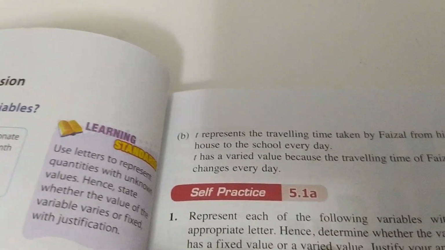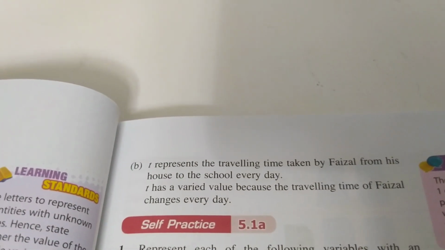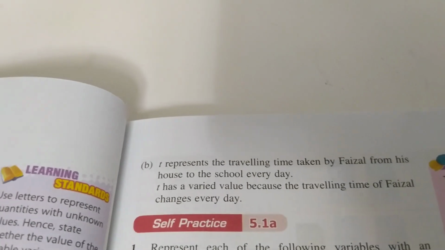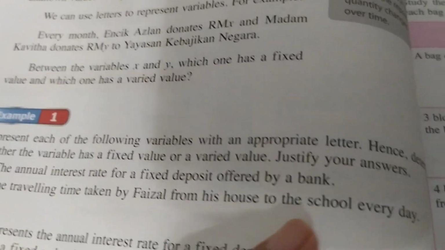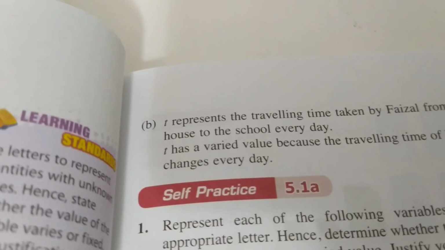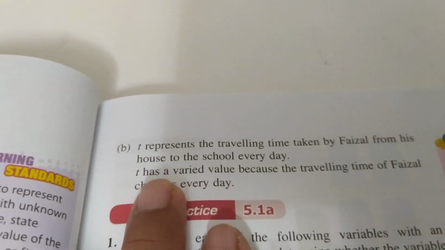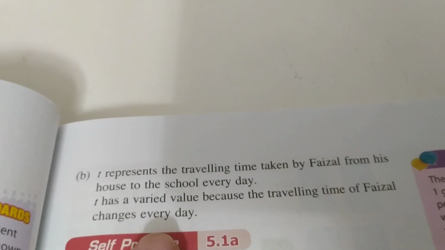Now look at B. T represents the travelling time taken by Faisal from his house to the school every day. The time is not constant, it may vary, it may change. So T has a varying value because the travelling time of Faisal changes every day.